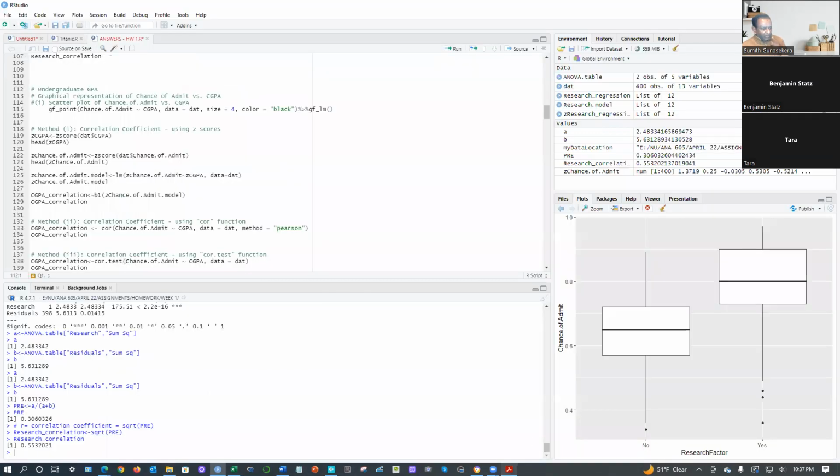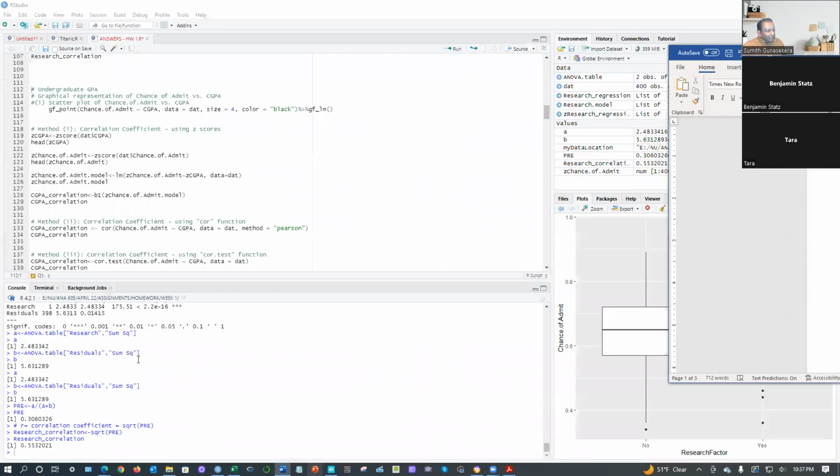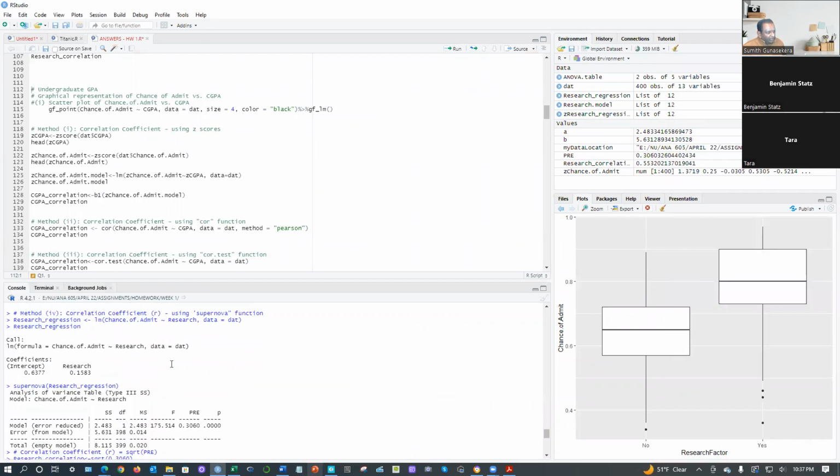There's the number here. You have to fill in all this with respect to CGPA, GRE, total, B naught. In this case, B naught is how much? B1 is how much? We already checked B naught in that model.